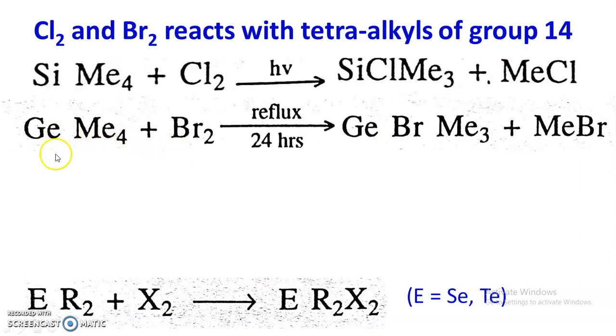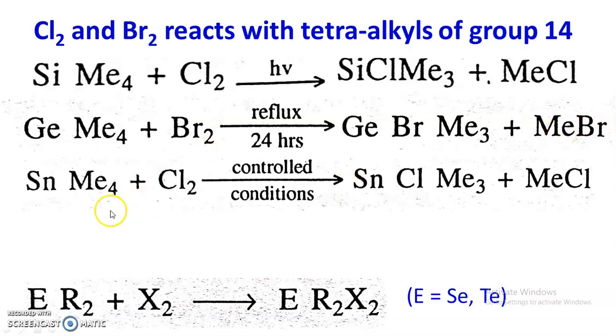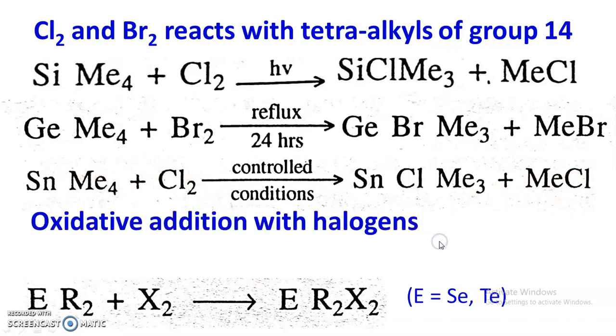Similarly, when tetramethyl gallium is treated with bromine, and the mixture is refluxed for 24 hours, one of the methyl groups is replaced by bromine, and that methyl group joins with bromide, forming methyl bromide. Similarly, tetramethyl tin, when treated with chlorine, again one of the methyl groups of the organometallic compound is replaced by chlorine, and that replaced methyl group joins with chlorine, and we get methyl chloride.